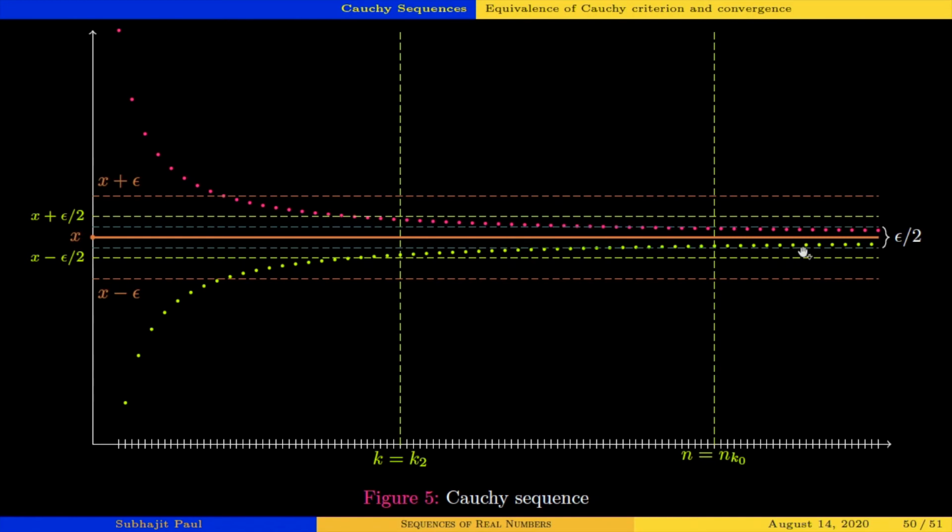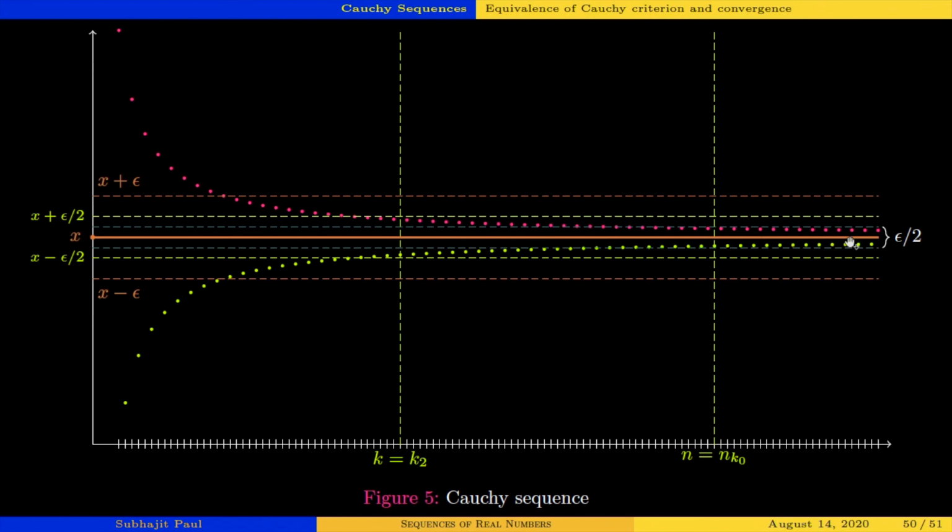This one kicks in after this stage. After this stage, you see all the pink dots and the green dots, they are close to each other.